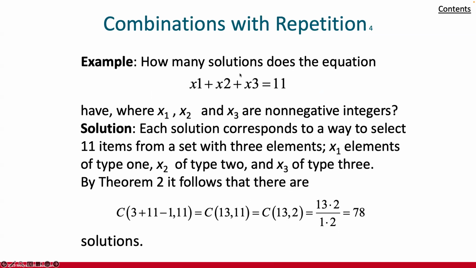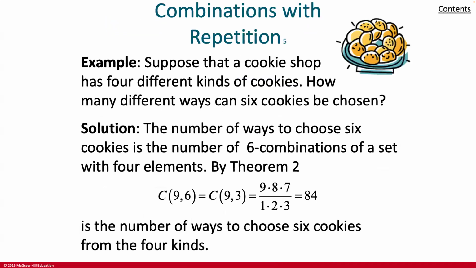As an example, how many solutions does the equation x1 + x2 + x3 = 11 have, where x1, x2, and x3 are non-negative integers? It turns out that there is a total of 70 possible solutions.